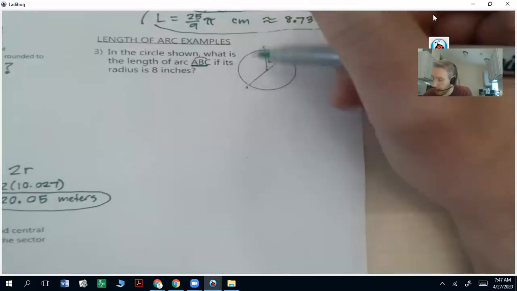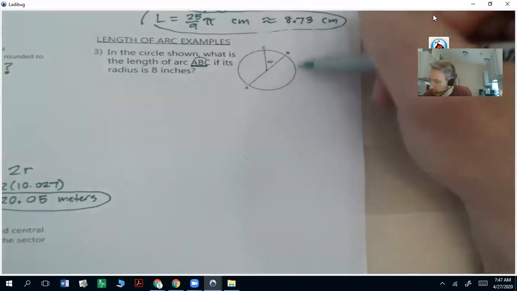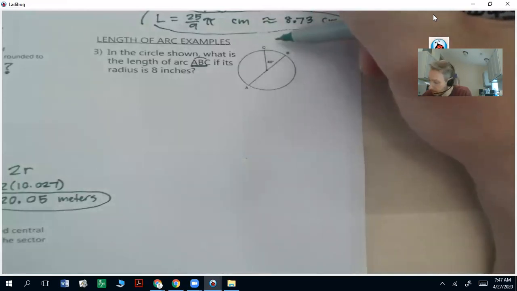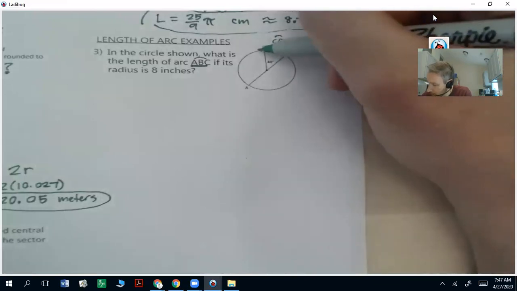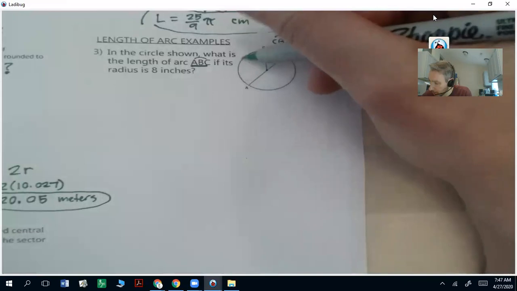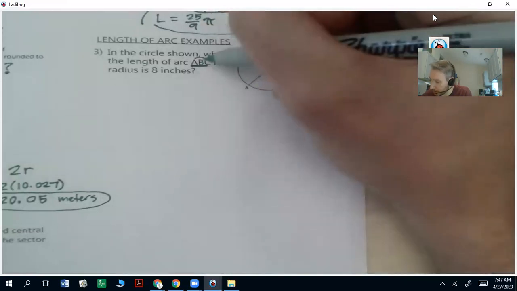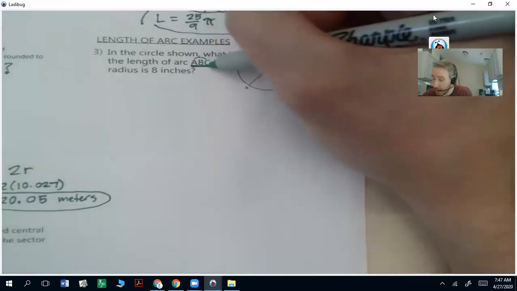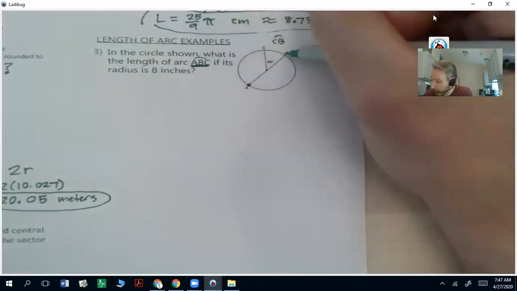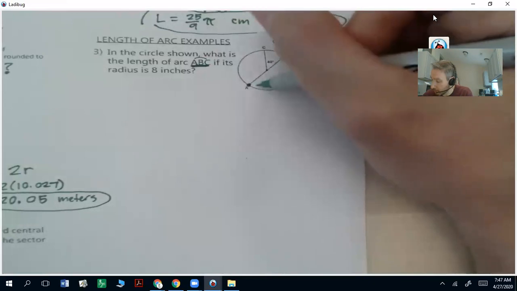Now, if I'm trying to find that arc, which arc are we talking about? This arc right here would be arc CB. That's not ABC. This arc here would be AC. If I did this whole arc, that would be ACB, but that's not in the right order. So if I want to know ABC, I have to start at point A. I have to hit B next without anything in between.